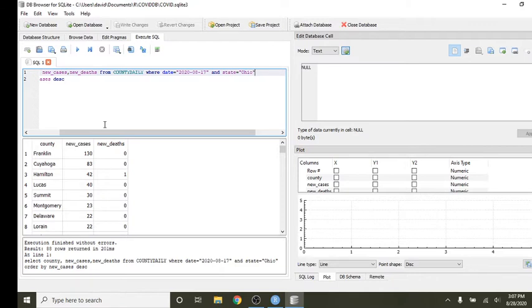Why isn't this working? Well, there's obviously a problem with my data. When I sorted, did I sort descending?